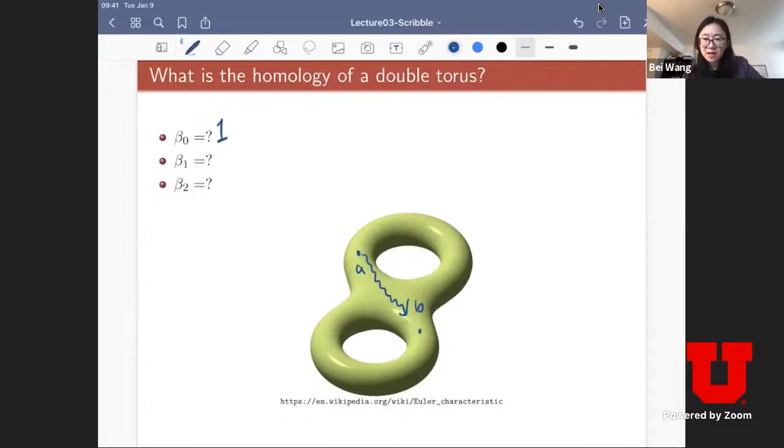I'm going to leave the second question last, but how many voids do we have? Also one, right? Remember, the voids are the separation between inside and outside. If I somehow pinched my double torus, I would get a pinched torus.